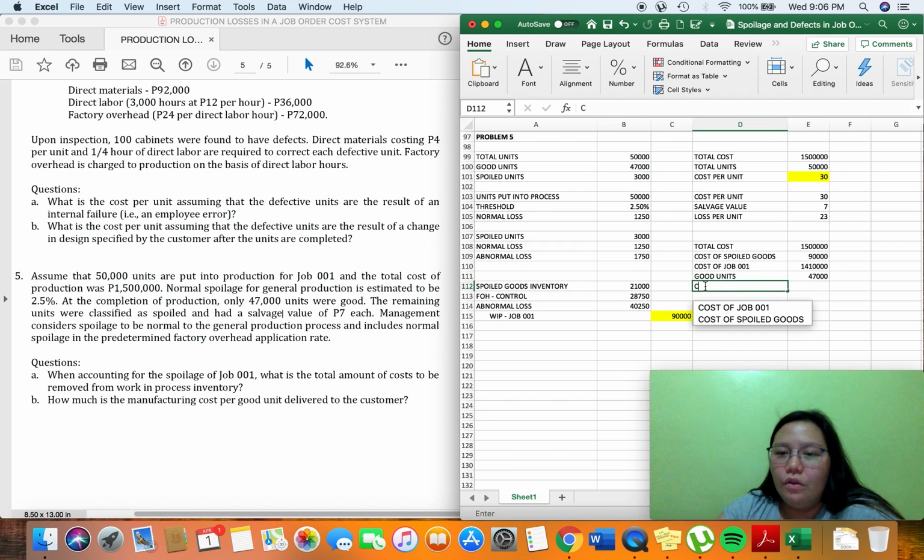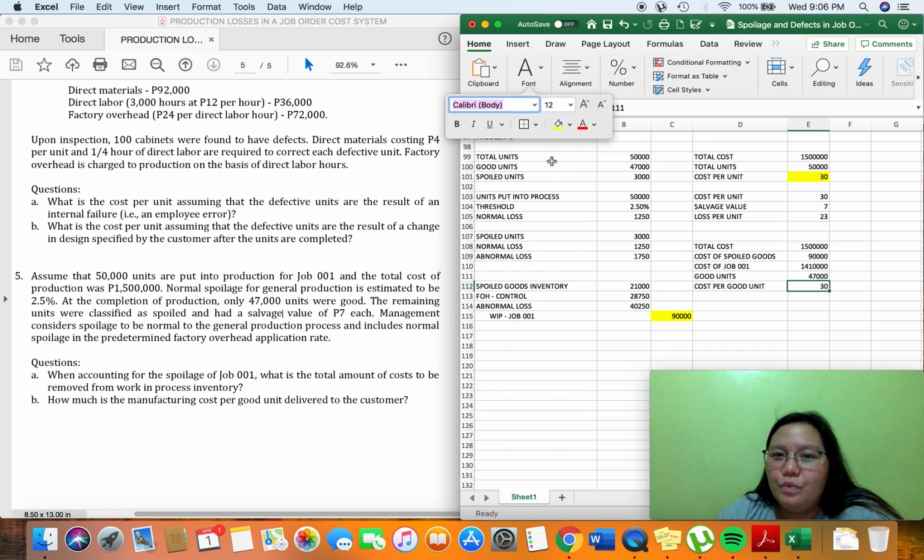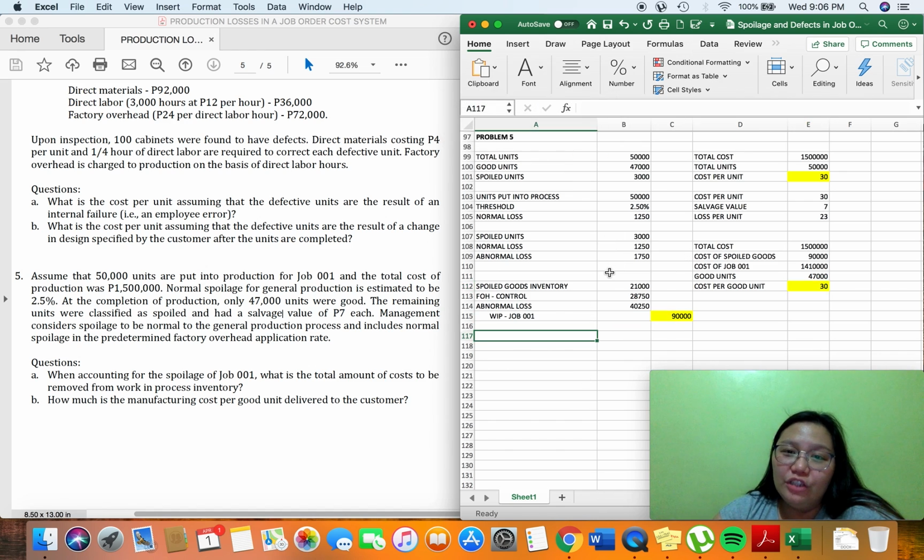So, yung cost per good unit natin, we have 1,410,000 divided by 47,000 and we'll get 30. Diba? The cost per unit will not change because it is not the customer's fault. Diba? Internal failure yung reason for the spoilage, and therefore the cost per good unit that will be charged to the customer will not change.